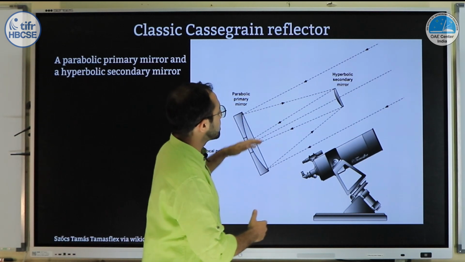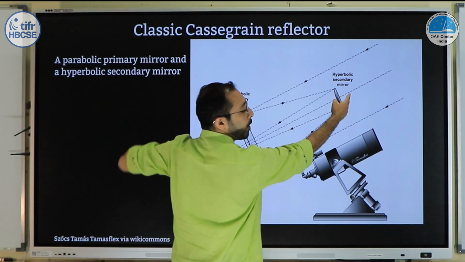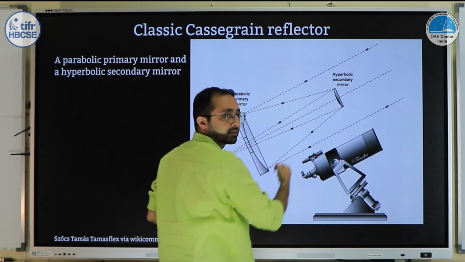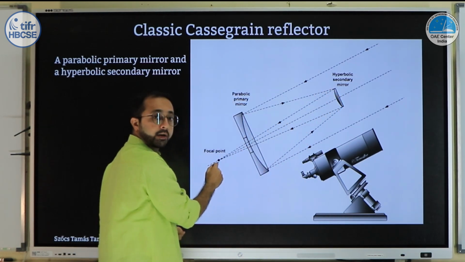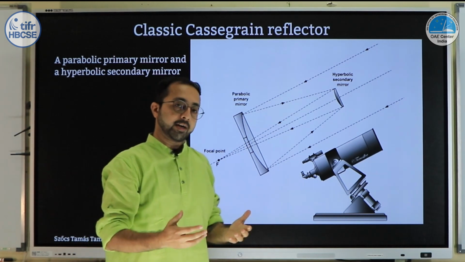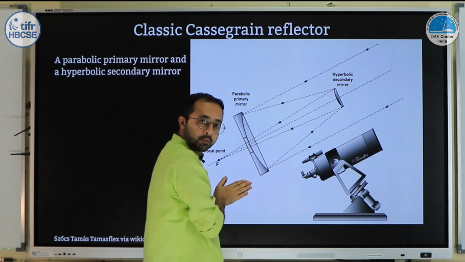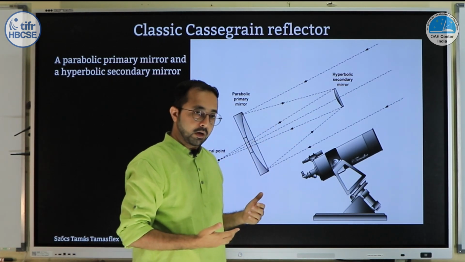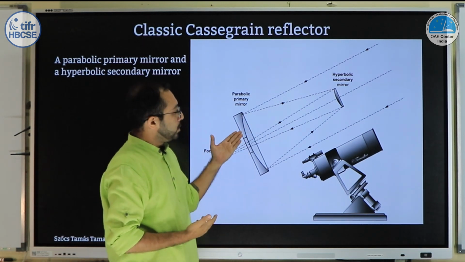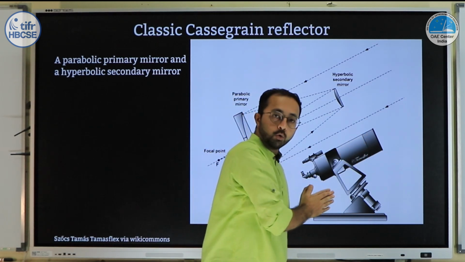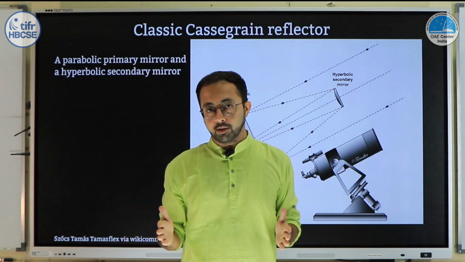Okay. So, what happens is, the light rays which are coming from a distant source get focused at some point, but just before that you have a hyperbolic secondary, and because of this hyperbolic secondary, now the focus shifts to this point. So, what you have done is effectively folded the light rays on themselves, and the advantage of this design is, apart from looking in the direction of the source more or less, you have effectively reduced the size of the tube and also can get an effectively large focal length.